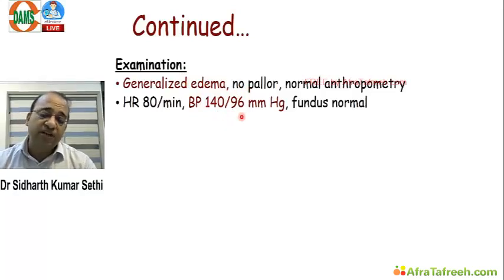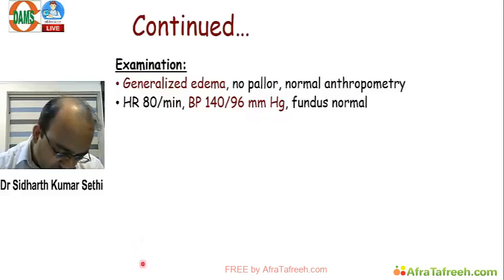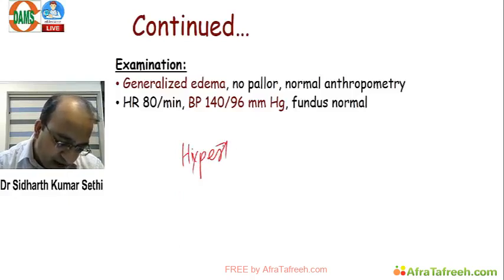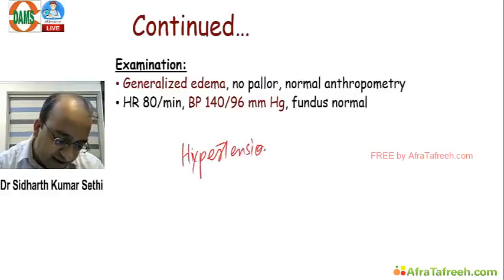Students, very soon maybe I'll take a grand round on hypertension. And I would like to share with you, students, what is hypertension? Hypertension in children is defined as a blood pressure more than the 95th percentile.